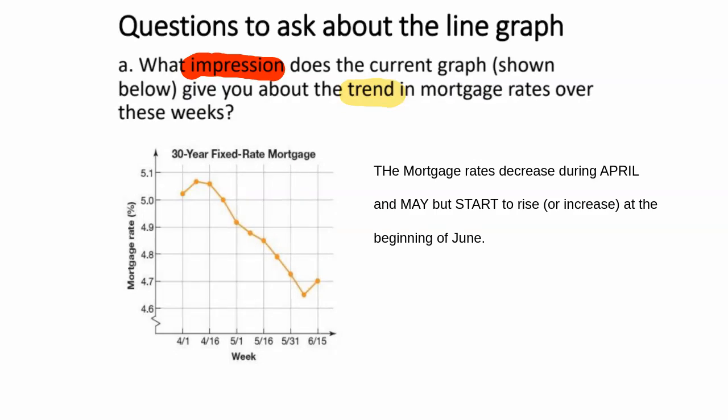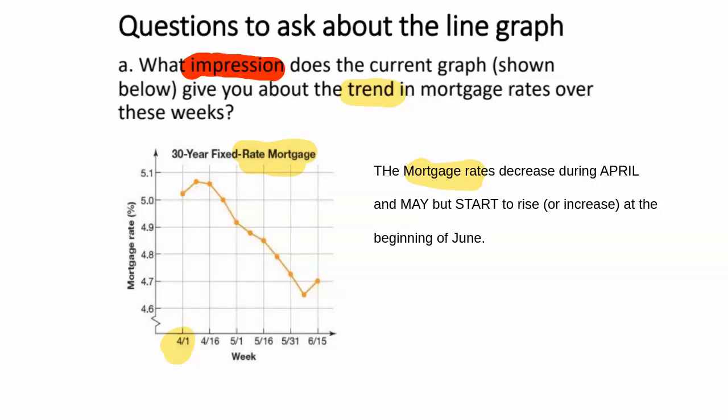Okay, now, impression. I'm trying to describe what that orange connect the dot line means. Well, first off, mortgage rates. And I could kind of get that from the title of this graph right here. Now, I'm starting in April. That's what this is.